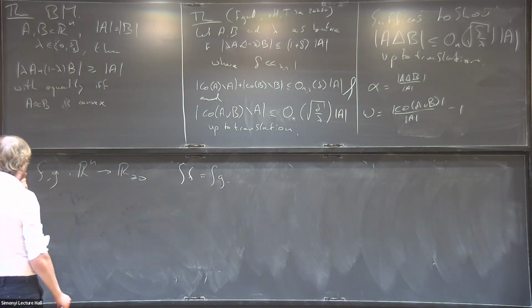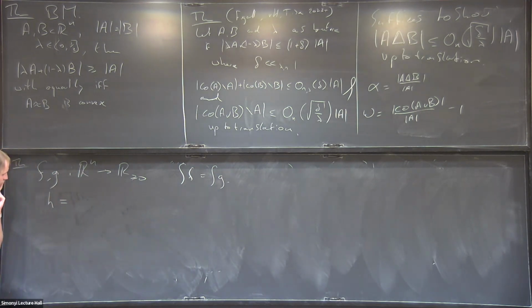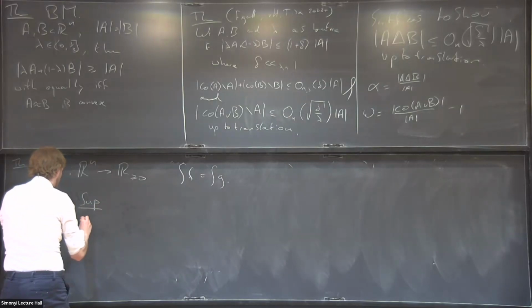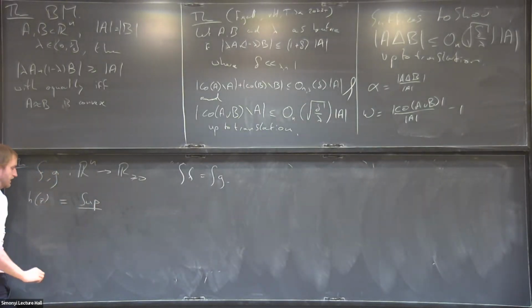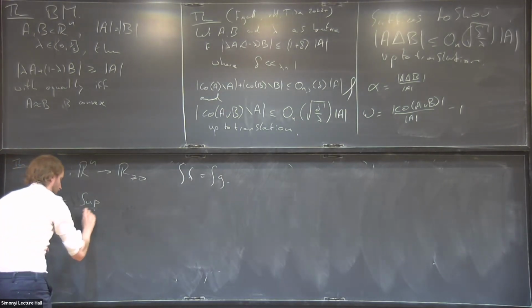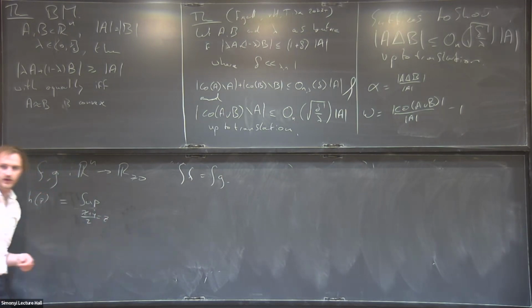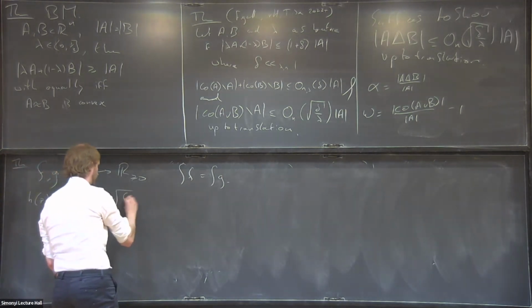So what should that notion be? I'm going to define it as a function h, which is defined as follows. Let's say that h at the point z is the supremum over all x and y which average to z, of the geometric mean between f and g.